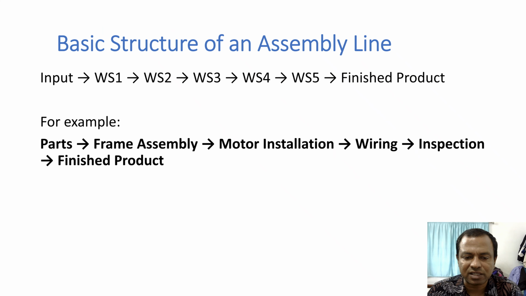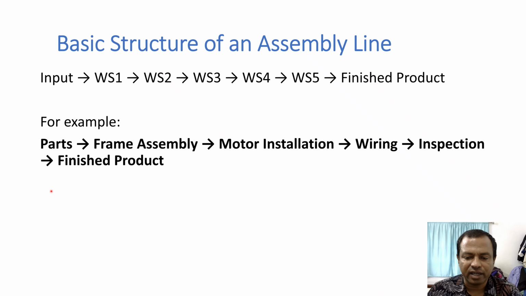One example of an assembly line is shown here. Input can be raw materials or a semi-finished product for a particular assembly line. Then it will go to workstation 1, then workstation 2, workstation 3, workstation 4, and so on. Then it will come out as a finished product.